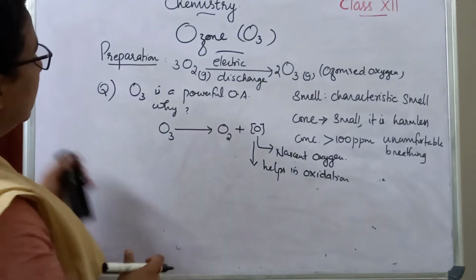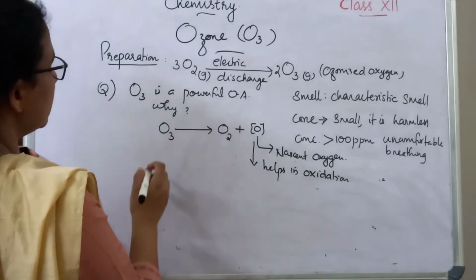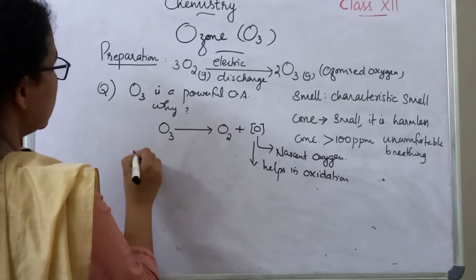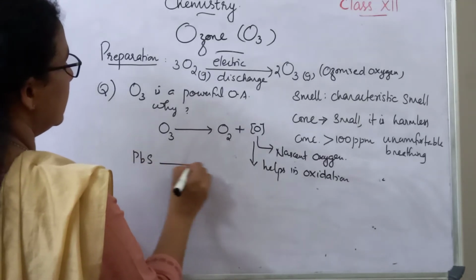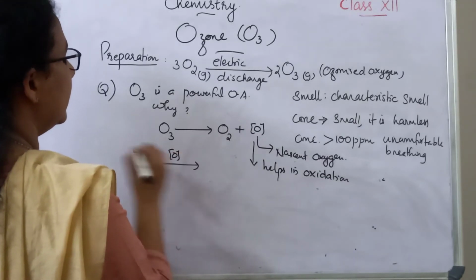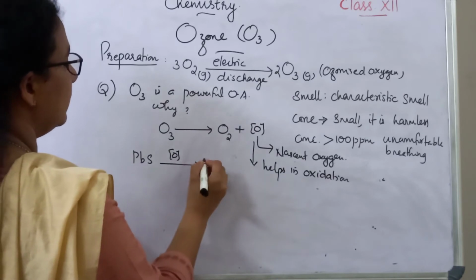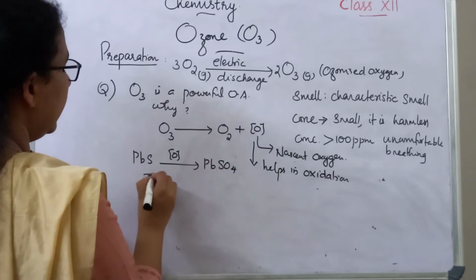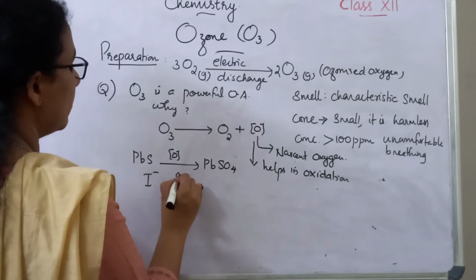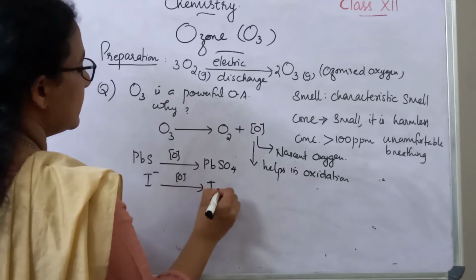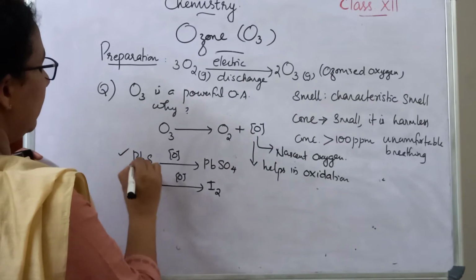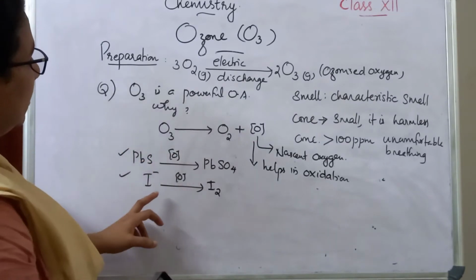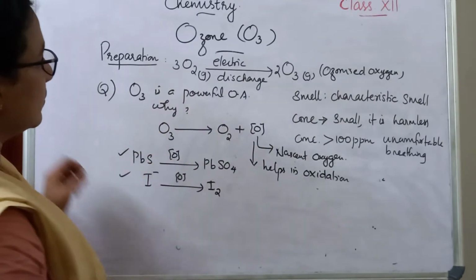So let's see some oxidation reactions of ozone. The first one is when lead sulfide on oxidation in presence of ozone produces lead sulfate, and iodide ions on oxidation produce iodine. So these are the two important oxidation reactions of ozone.